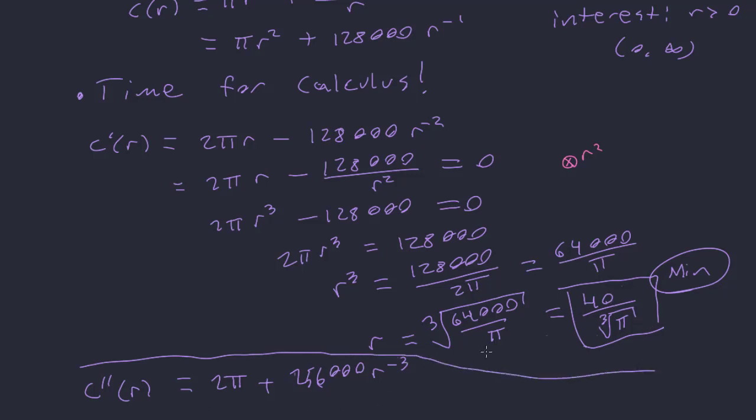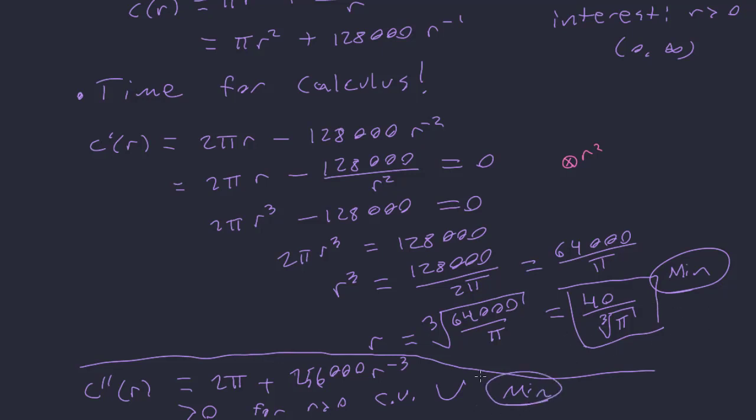If we plug in any positive value into this, this is going to be positive. So it's basically positive for r positive. That means that we are concave up. That means we have a smile. Therefore, this is a minimum.